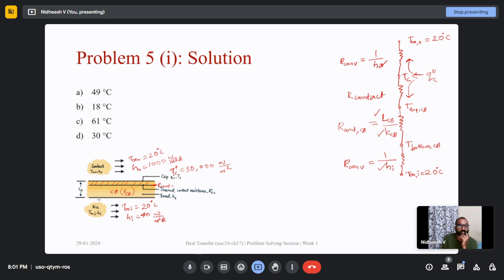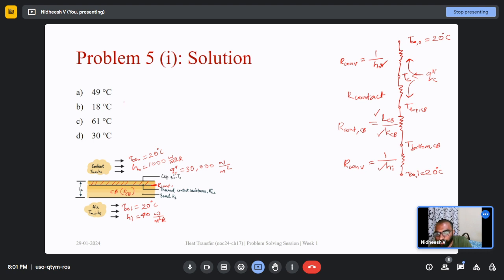Actually, the higher temperature is Tc minus 20, divided by convective resistance 1 by H naught. Are the resistances equal in both directions? We need to take the air and the circuit board also. This resistance we need to include. Yes, he's saying all those are included.